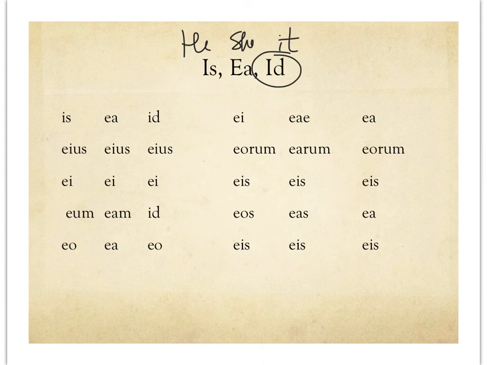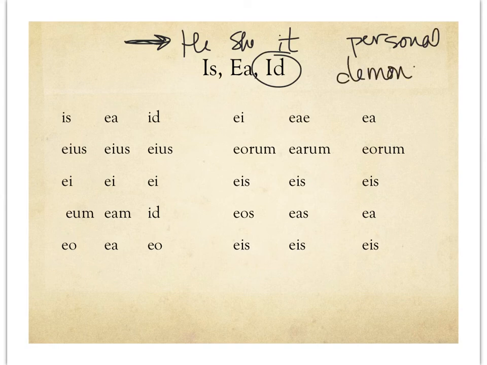It's not even a thing or an individual. But while they can be these personal pronouns, he, she, it, they can also be demonstratives. And when they're demonstrative, they can mean this, these, or it can mean that.